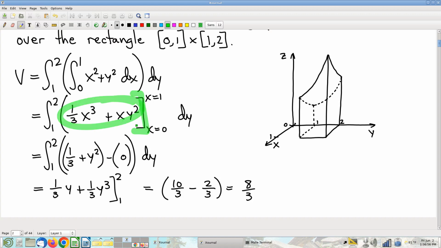We're going to evaluate from, our bounds are from 0 to 1, and you'll notice I have written not just 0 and 1 here. I have written explicitly x equals 0 and x equals 1. And let me tell you why. Without that, if you just put the 0 and the 1, you'd be surprised how easy it is, as you're plugging in the 1, to accidentally plug it in for the y also. Of course, that's nonsense.